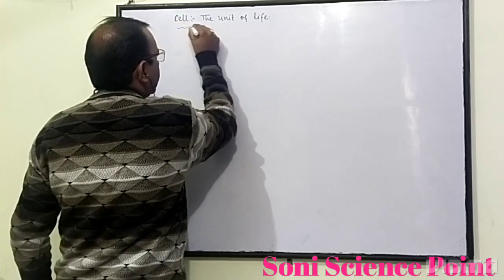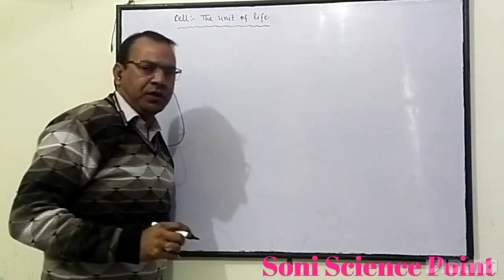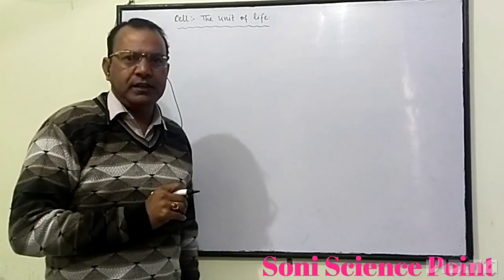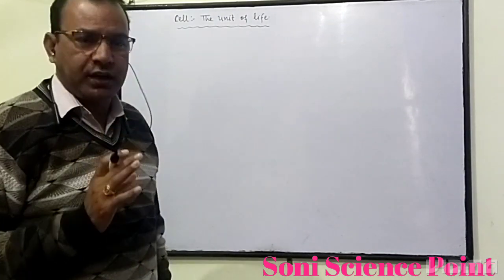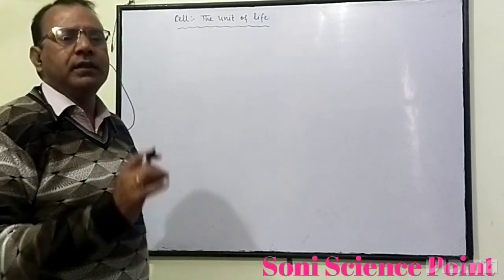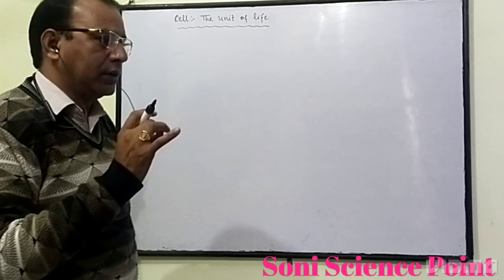We know that Earth is full of biodiversity. In this biodiversity, there are many microscopic organisms as well as very large organisms. But all these organisms cannot survive without a cell.